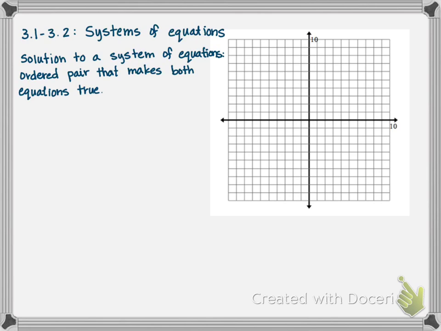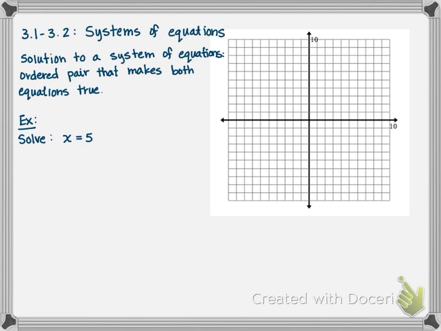So the simplest example is x equals 5. What's the graph of that equation look like?